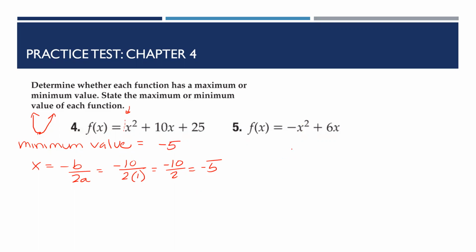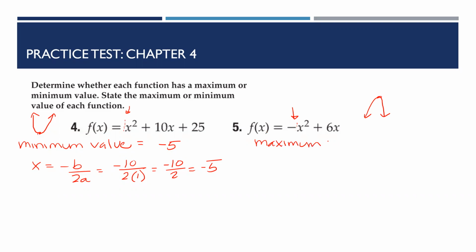Okay, and then over here on number 5, same thing, but this time our coefficient is negative 1. So that means our parabola is going to open downward, so we're going to have a maximum value.